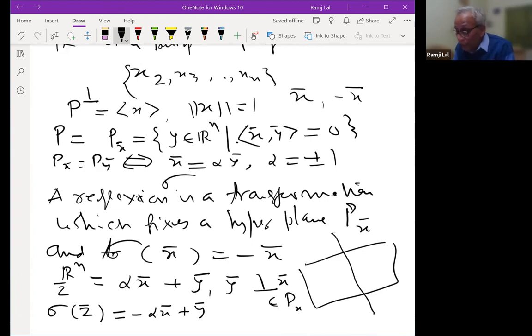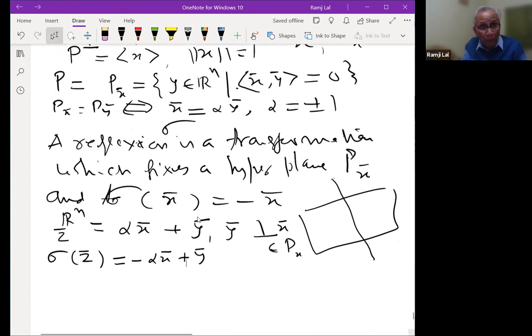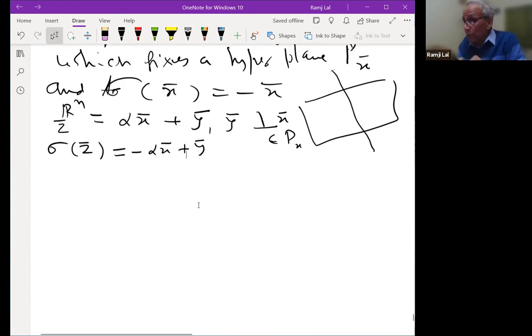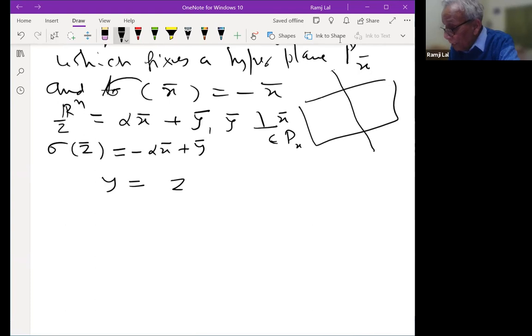So sigma z is this. So what is this y bar? Y bar is equal to z bar minus alpha x bar.